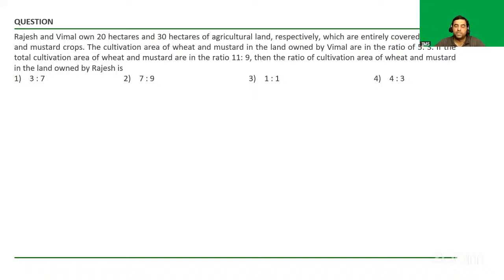So basically the information is given. Let's try and pen down all this data so that I will be able to understand what exactly is given and we'll be able to take it forward. So one is Rajesh and the other is Vimal. Rajesh has got 20 hectares while Vimal has got 30 hectares.